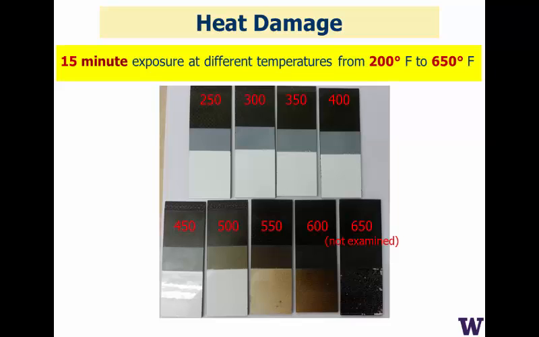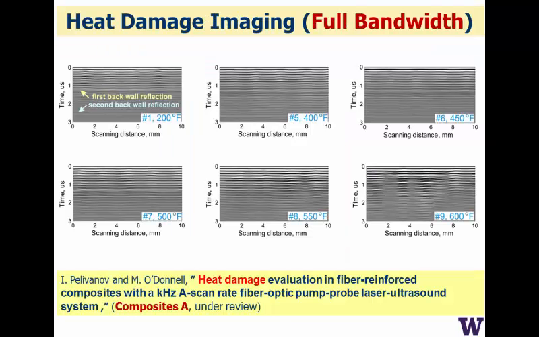I'm sorry, in the aerospace industry, they still use English units. When you get up to 650, you can see the delaminations with your eye, some discoloring, but it's very hard to see what is potential internal damage at the intermediate temperatures.